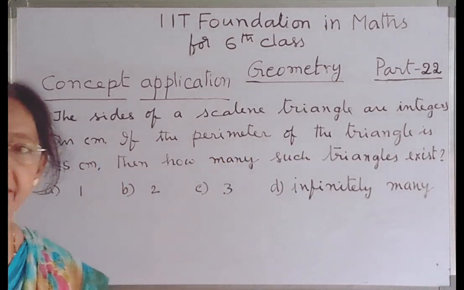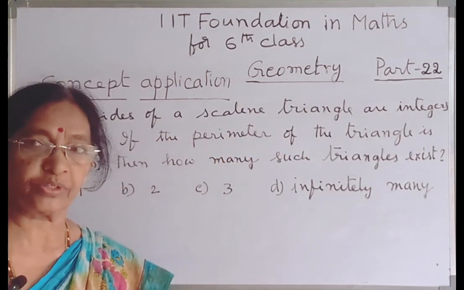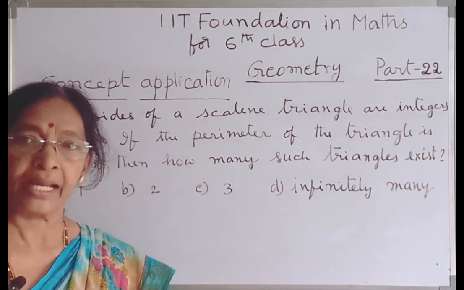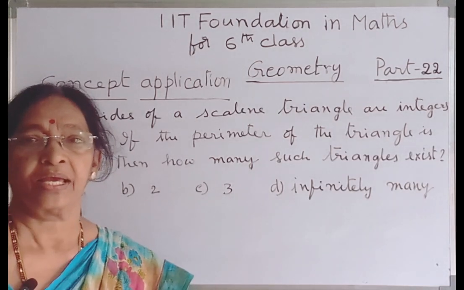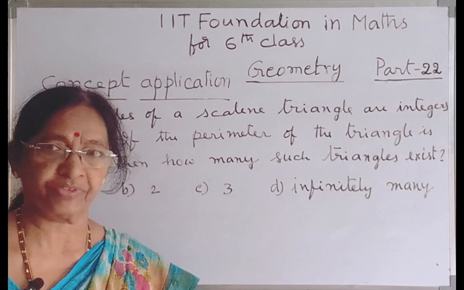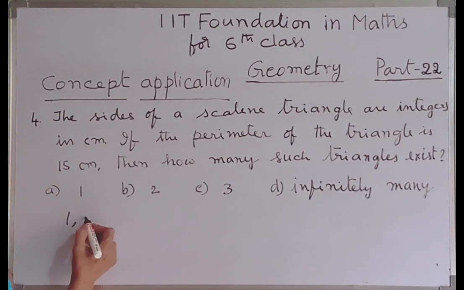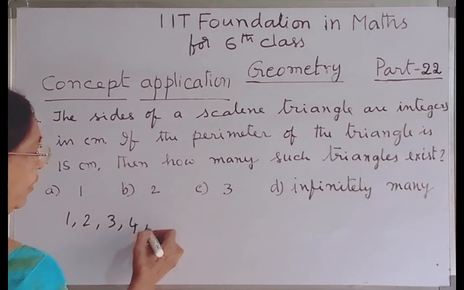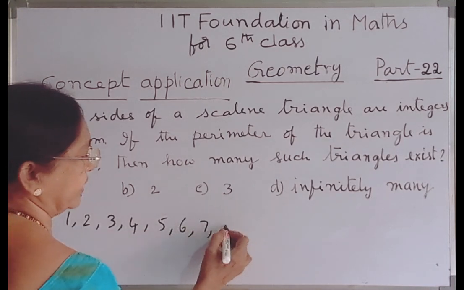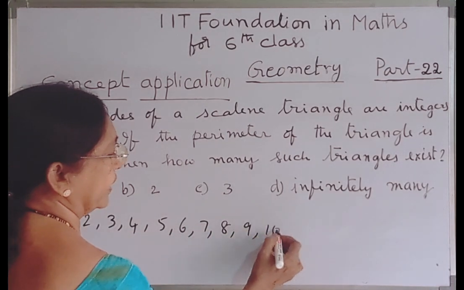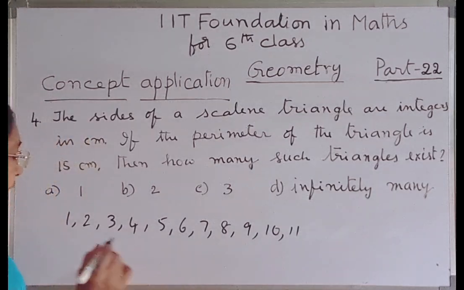Therefore, the sum of the three sides must be equal to 15 centimeters and the three sides must be within 15, or 1, 2, 3 like that. So 1, 2, 3, 4, 5, 6, 7, 8, 9, 10, 11 like that.